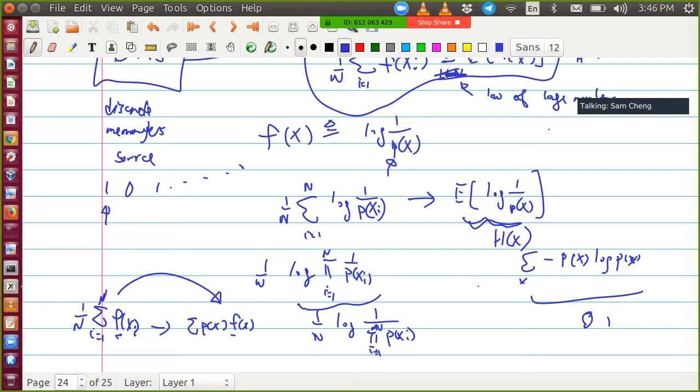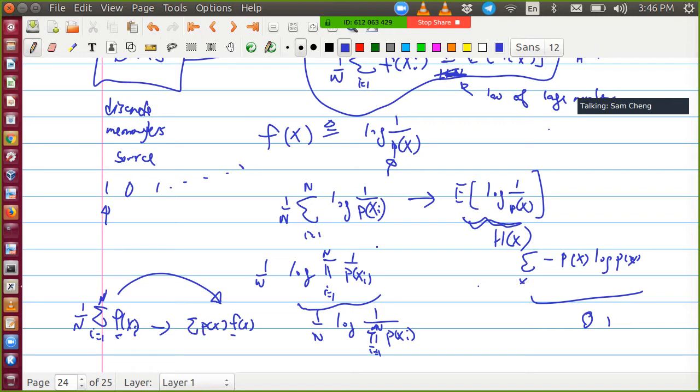So let's go back to here. The right hand side is H(X), and the left hand side is equal to this guy here. As I said, log a plus log b is equal to log ab.